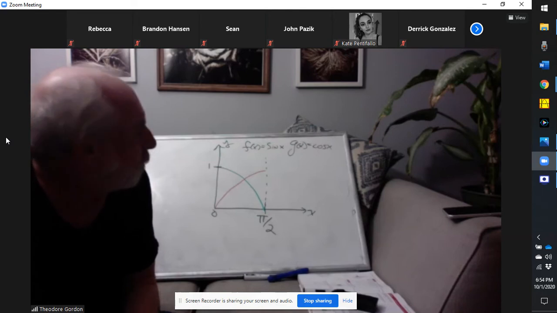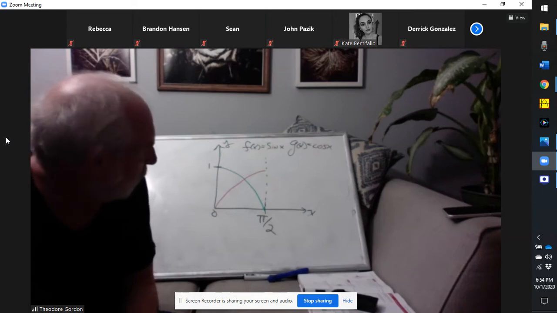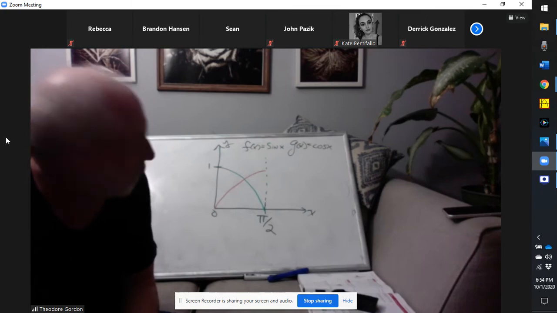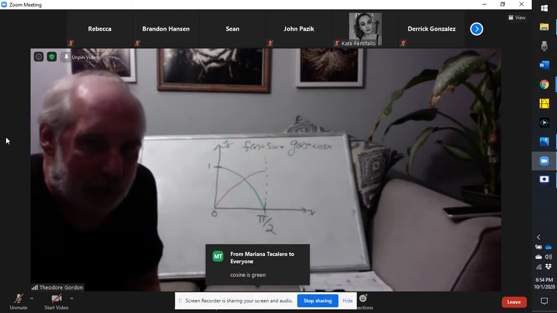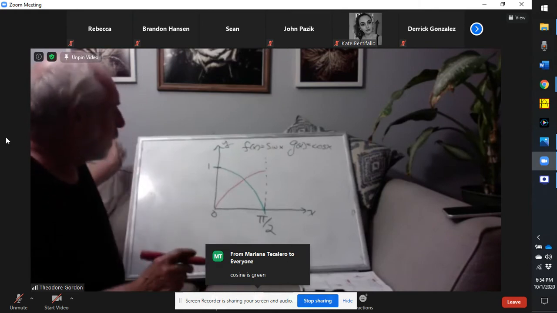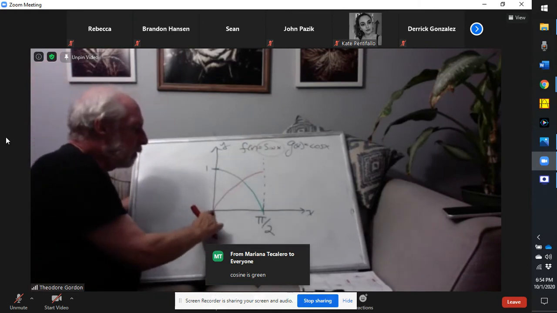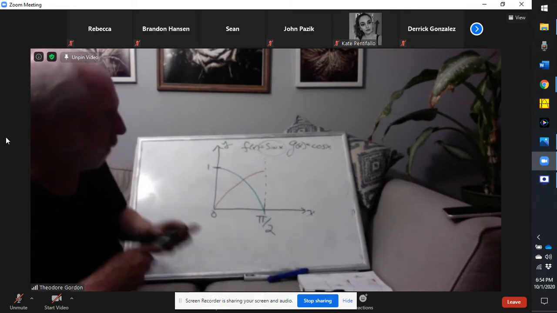Which one's sine, which one's cosine? Sine is the bottom one. Obviously, the red one would be the cosine. There's not really a bottom there. Yeah, the sine is red. The sine of 0 is 0. The sine of pi over 2 is 1. And that means the other one is cosine.